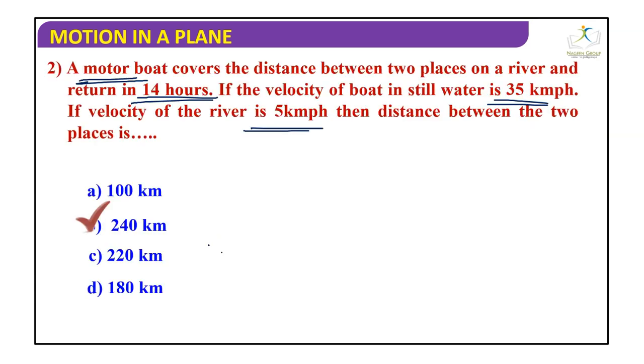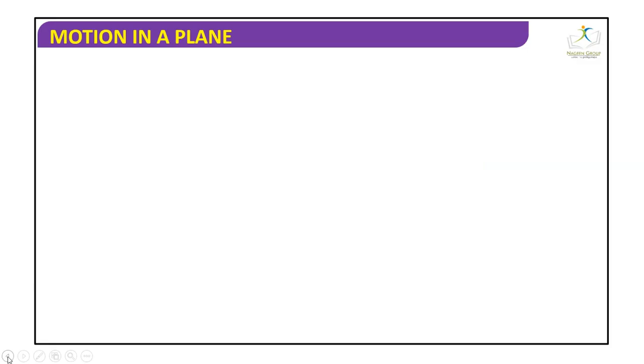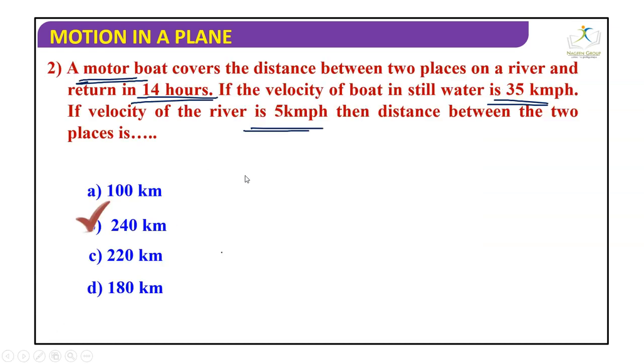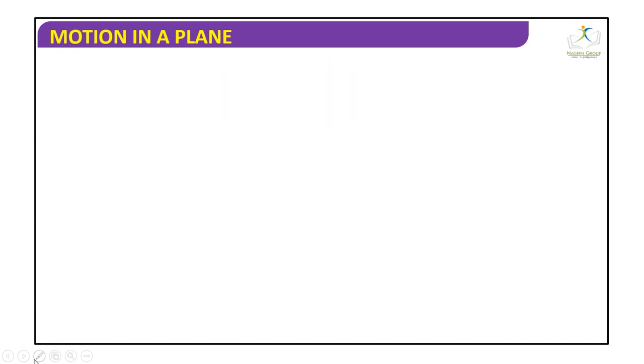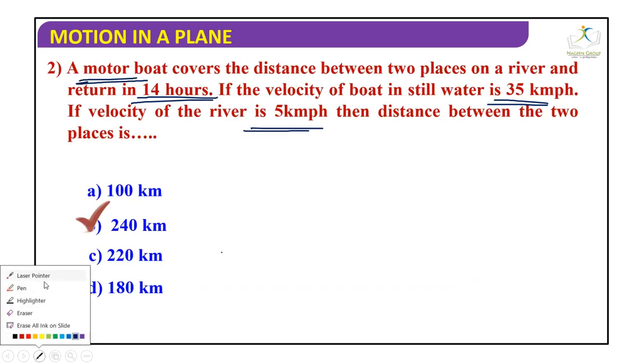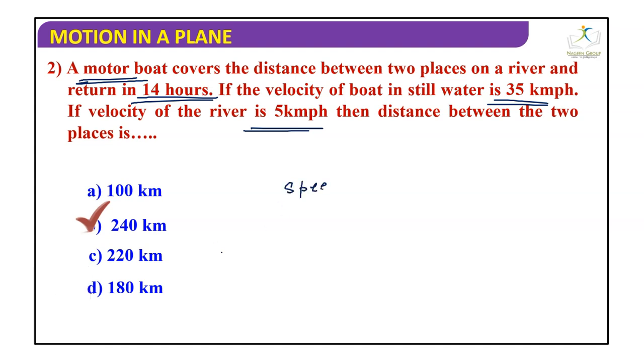Before moving on, I just want to elaborate on how it becomes 240. The speed downstream will be 35 plus 5, and for upstream, this will be 35 minus 5.